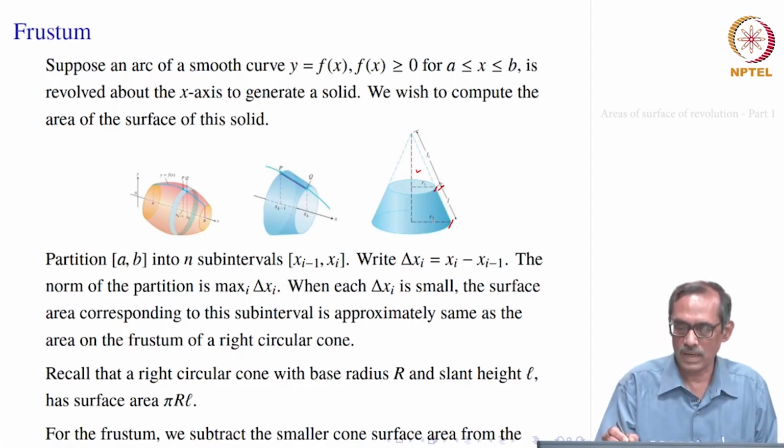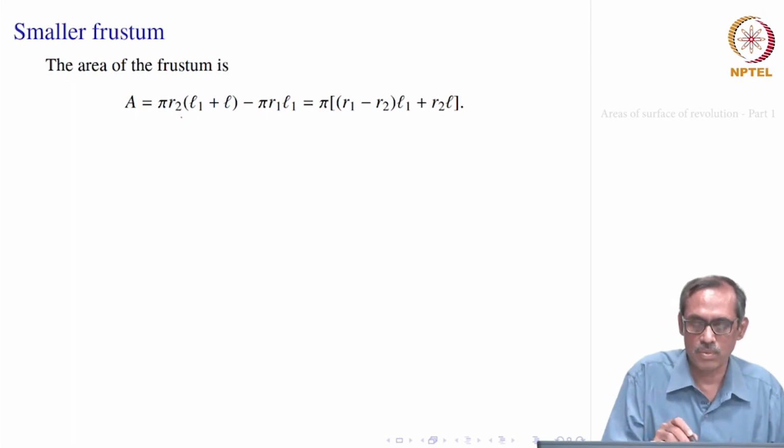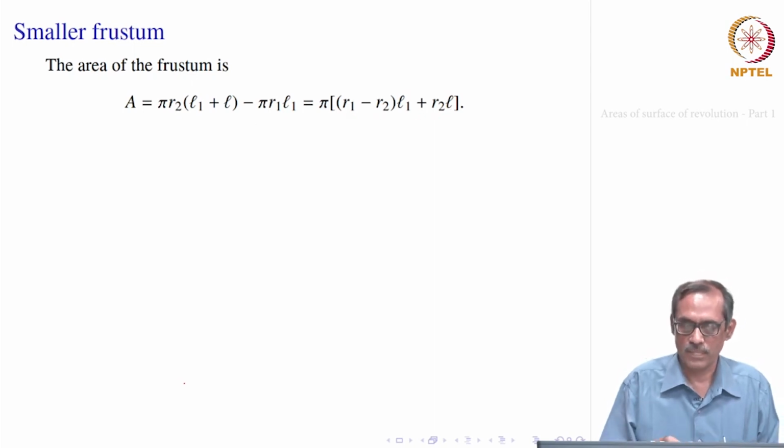We have R2 here, R1 there. So, then it will be pi R2 times (L1 plus L), which is the bigger cone surface area, minus pi R1 times small L1, right. That gives the top one. So, we subtract them, and that turns out to be pi times (R2 minus R1) L1 plus R2 L, right.